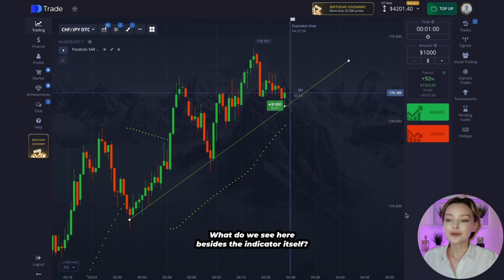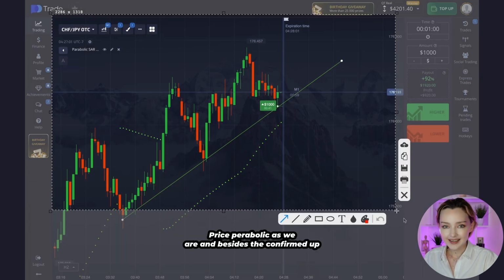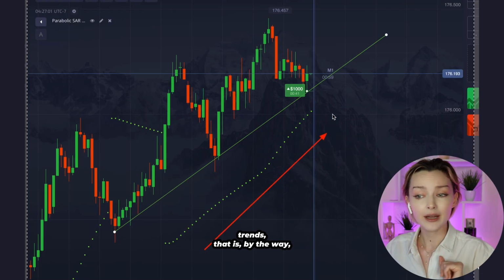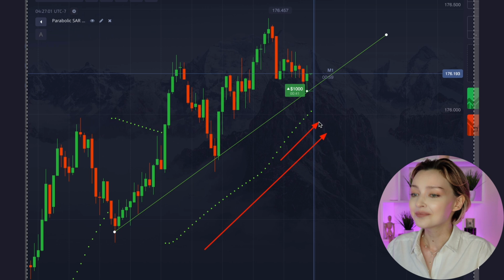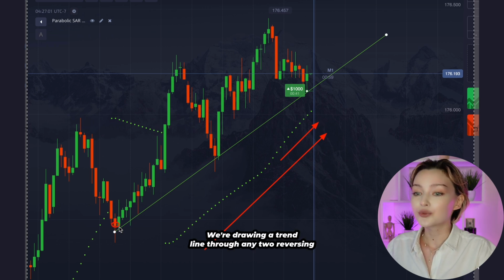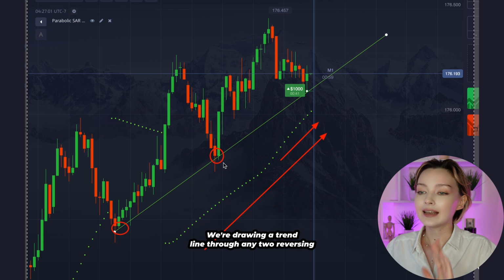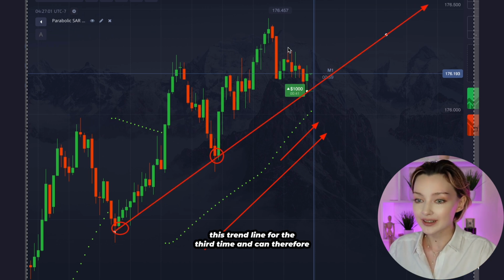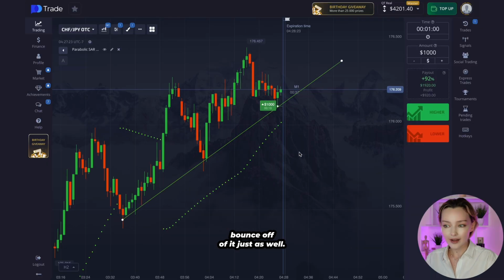What do we see here besides the indicator itself? Besides Parabolic SAR and the confirmed uptrend that is, by the way, evolving really well, we can see this trend line right here. We draw a trend line through any two reversing points and see the price is approaching this trend line for the third time and can therefore bounce off of it.